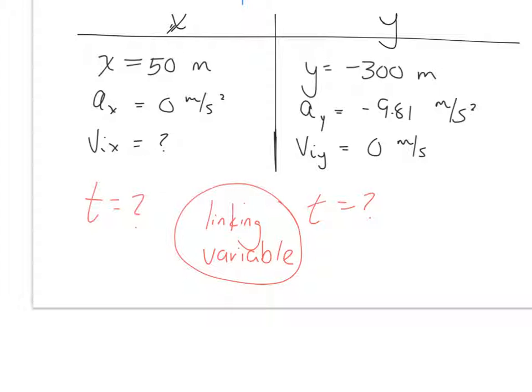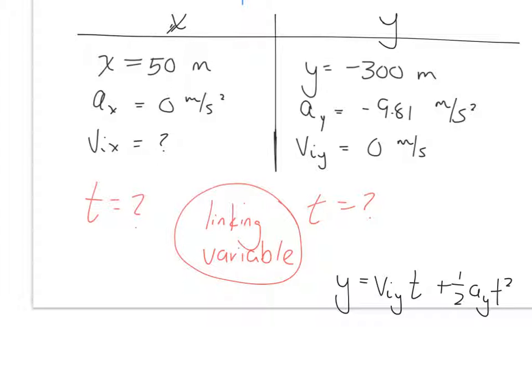Yeah, you have no information about final velocity, which means that you're probably not going to use Vf equals Vi plus at. You're not going to use Vf squared equals Vi squared plus 2ax or 2ay, depending on the direction. So you're probably going to use that third formula. That third formula says, depending on the direction you're in, x or y, y equals Vi t plus 1/2 a t squared.